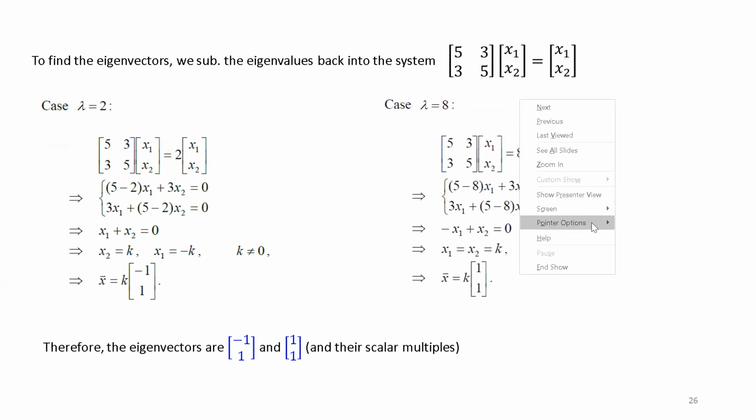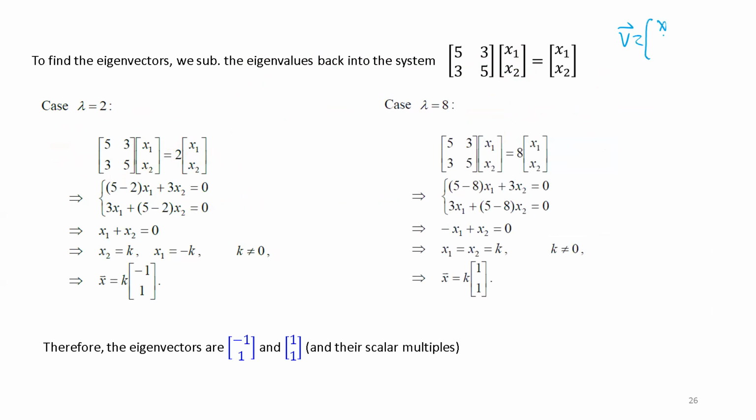Instead of using x and y, here I just denote it by x1 and x2. I'm missing a lambda here.